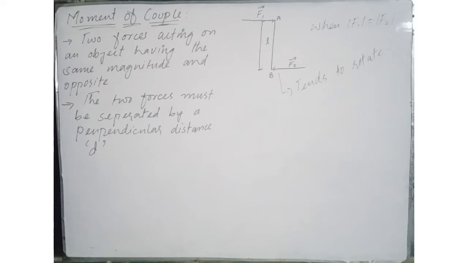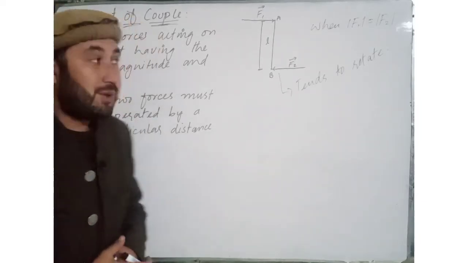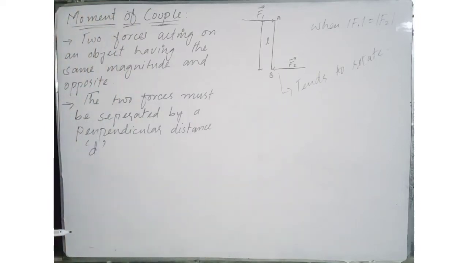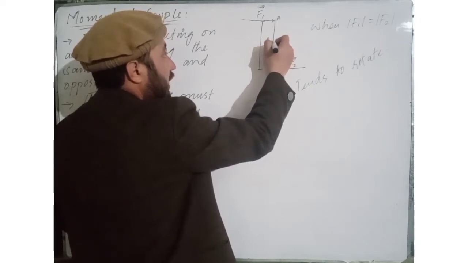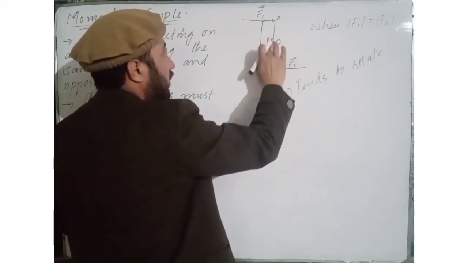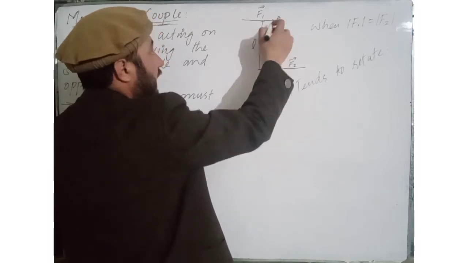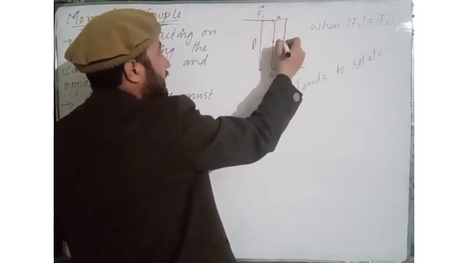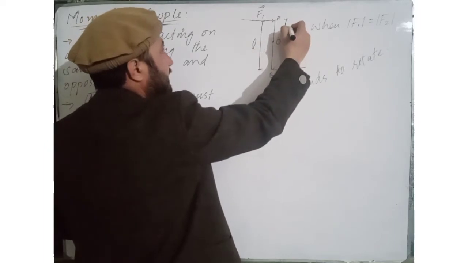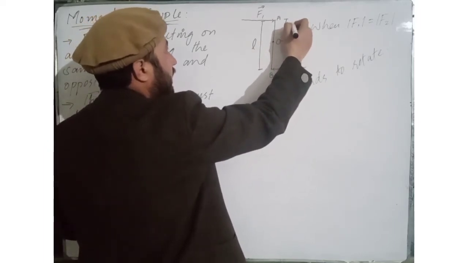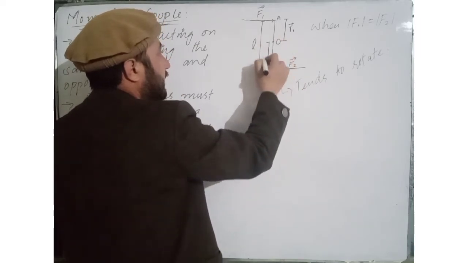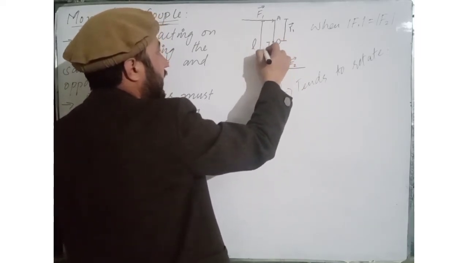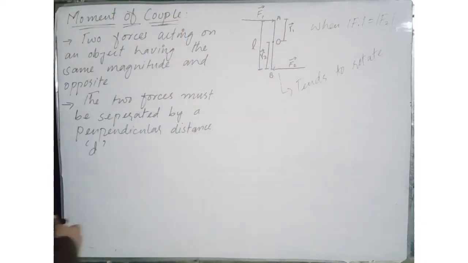Due to this couple, a rotation or torque is produced, and we can find that torque if we pivot the rod at a point, and we call that point O. The perpendicular distance from A to O, let's call it R1. Similarly, the perpendicular distance from O to B, let's call it R2.